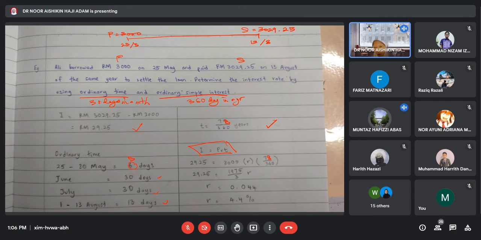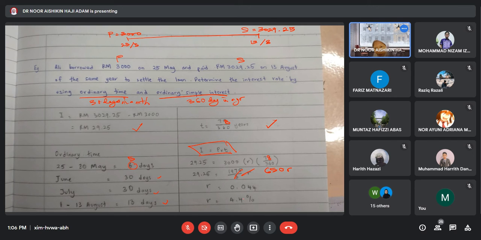Berapa you dapat? 650. Lepas you bagi 360. So 650 R.